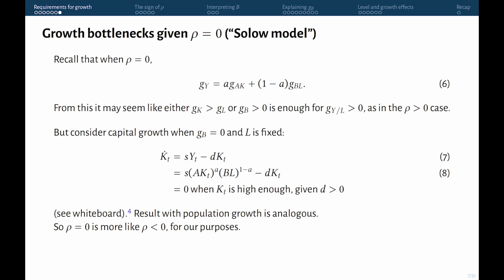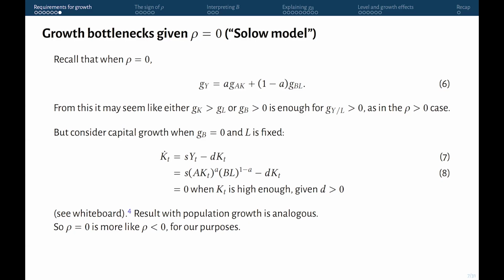And then as capital gets more plentiful, how much output you get out of each extra unit of capital falls. But it falls toward a positive constant. And that positive constant is that thing we keep seeing. It's the little a to the 1 over rho times big A. So that'll be the slope as you move way to the right. That'll be the marginal product of capital in the limit when capital becomes abundant.